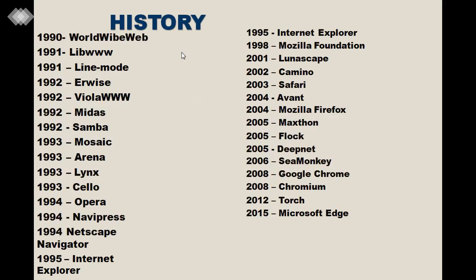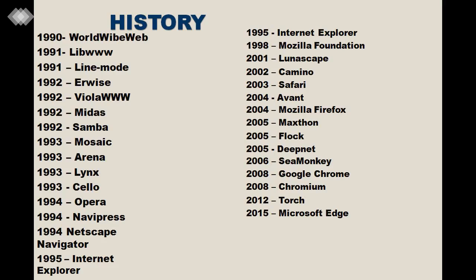Now history. This slide shows in 1990 World Wide Web was designed. So these are the histories of different web browsers. 1991 libwww, 1991 line mode, 1992 Erwise. So these are some popular ones, like 1993 Lynx, Mosaic 93, Opera 94, Netscape Navigator 94, Internet Explorer 1995, Mozilla 1998, Safari 2003, Event 2004, Mozilla Firefox 2004.